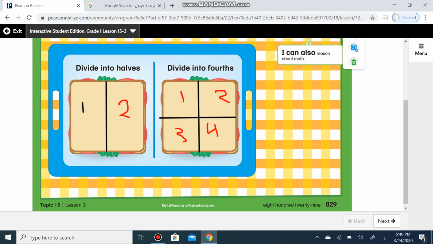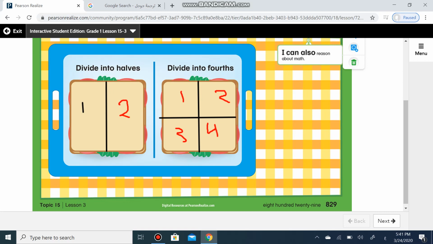Now, listen to the most important part in this lesson. If I have more shares, like the second sandwich, then I have the smaller share. Did you understand? Yes, repeat it. If I have more shares, then I have the smaller share. Here I have the second one.